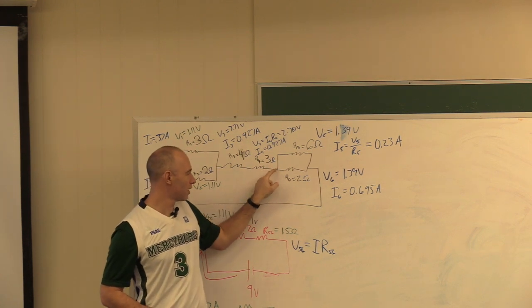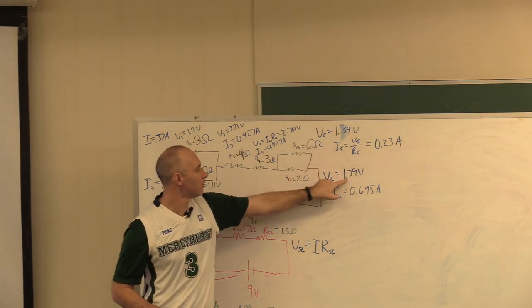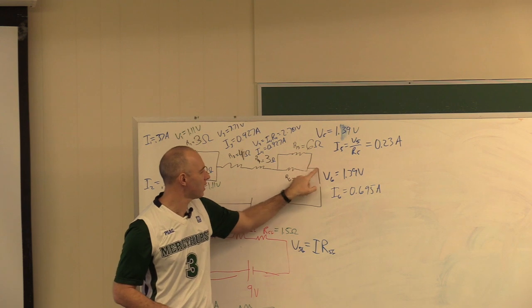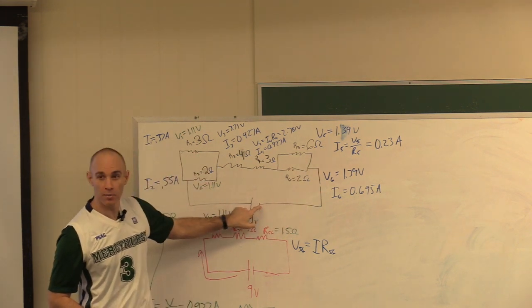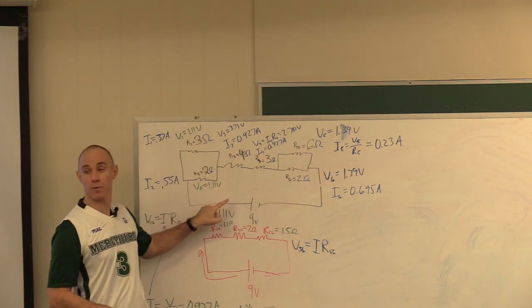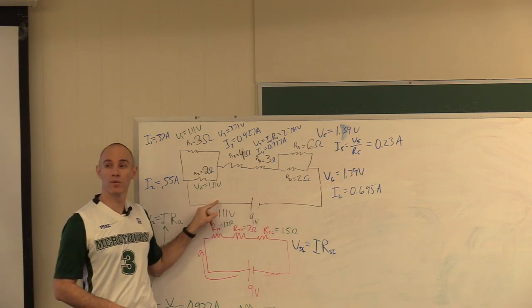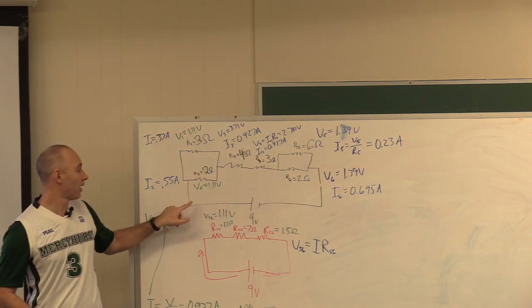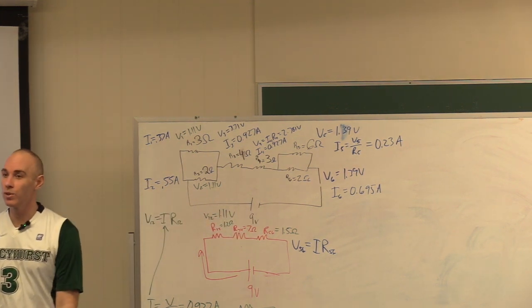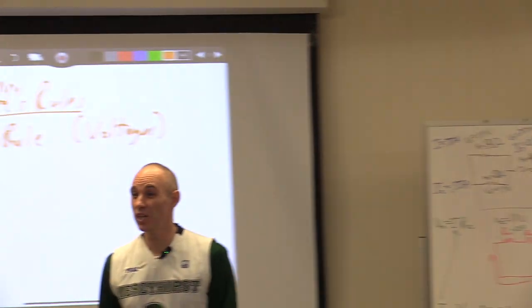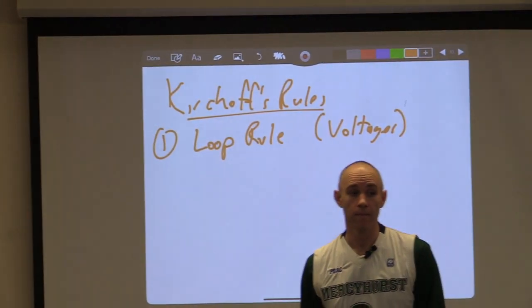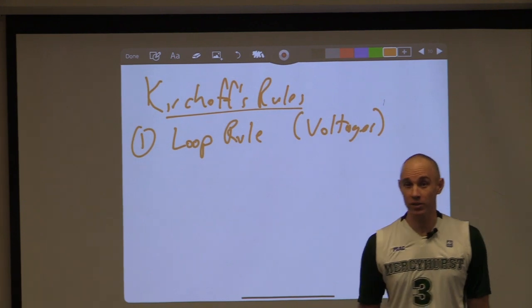I go, say, the bottom branch, I get a minus 1.39. I go from the negative terminal to the positive terminal of the battery, I go up in voltage because I'm increasing my voltage by 9 volts. I get back to where I started. I haven't really changed anything. My change in voltage equals 0. From that, I can derive equations.